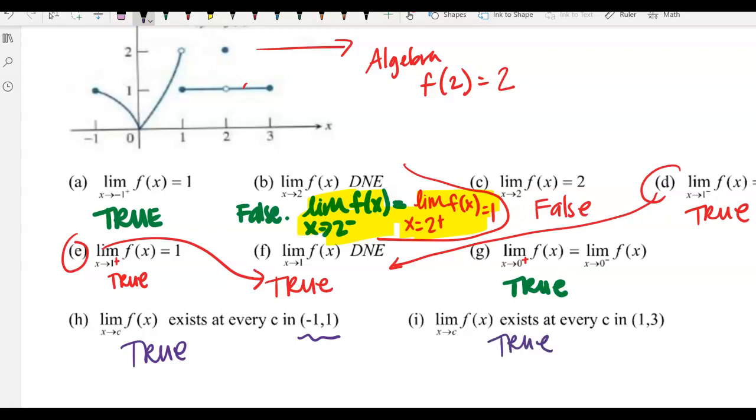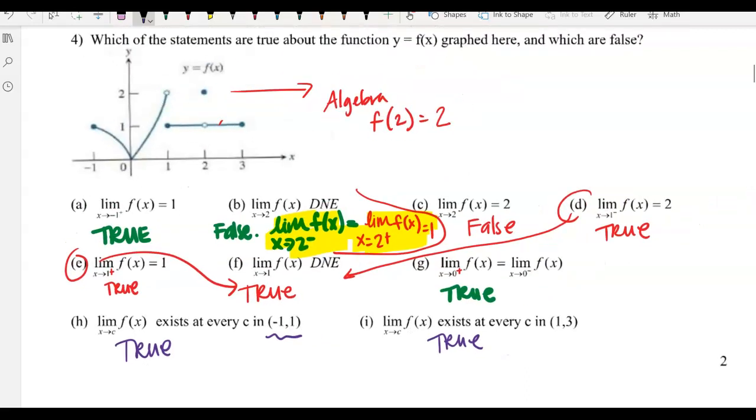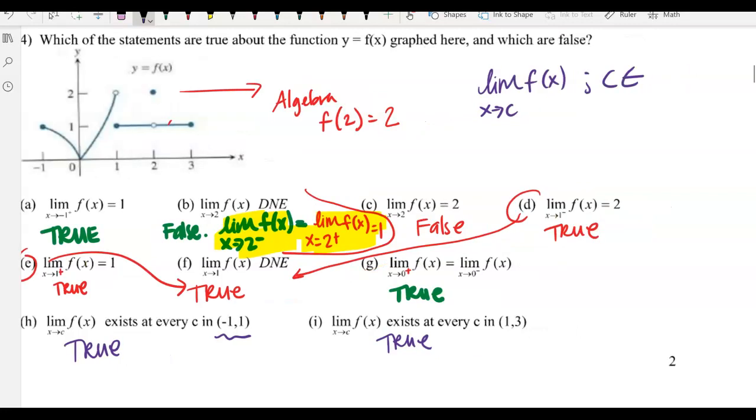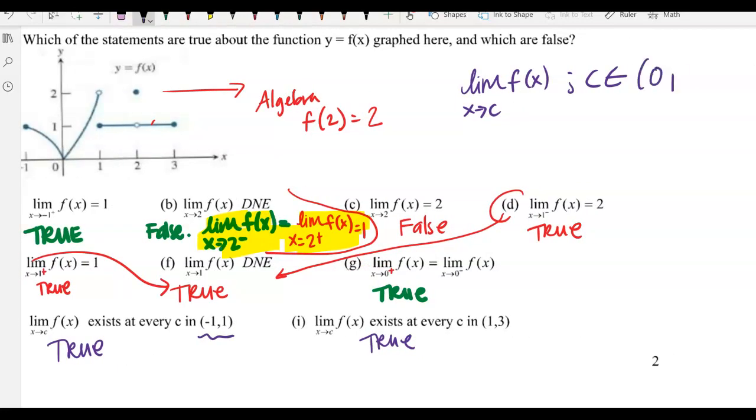Okay, let me make up one. True or false? The limit as x approaches c of f of x for every c in between, let's say, 0 and 2. True or false? False. Why false?